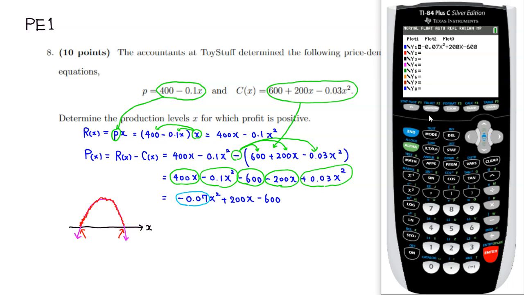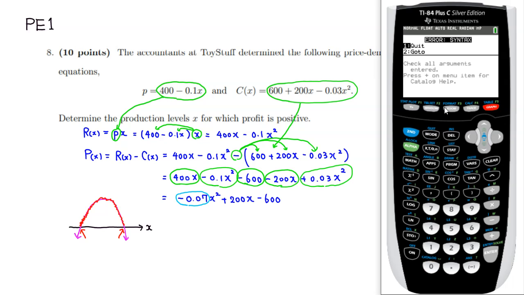Let's sketch this. The window size is a little bit tricky. Negative 10 is fine for x min, but x max should be fairly large. I'm going to try 5,000. It might be too big or not big enough. Y min is negative 10, but y max should be really big, so I'm going to put 200,000. Then I'm going to graph this.